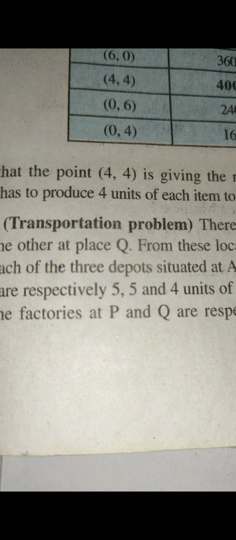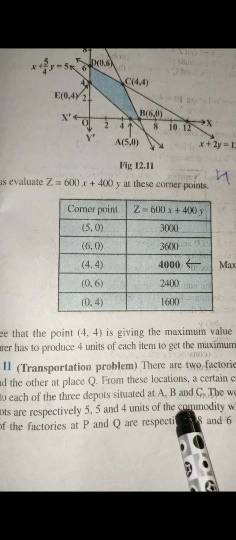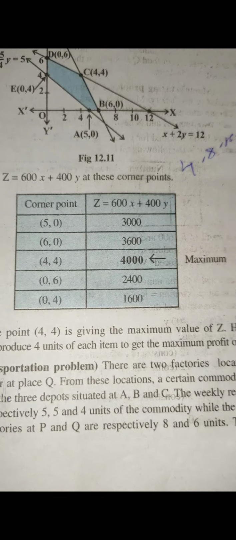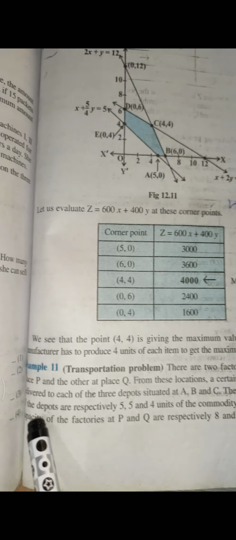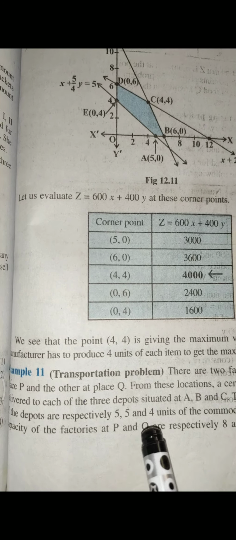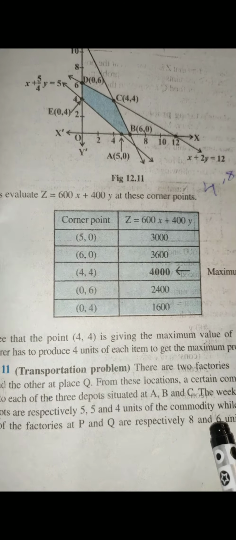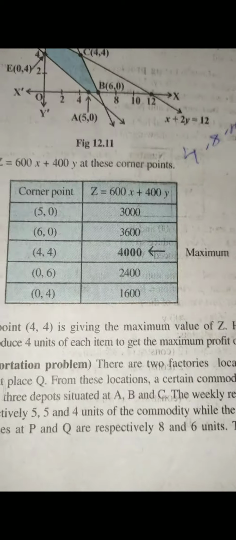There are two factories located, one at place P and the other at place Q. From these locations, a certain commodity is to be delivered to each one of three depots situated at A, B and C. The weekly requirements of the depots are respectively 5, 5 and 4 units of the commodity, while the production capacity of the factories P and Q is respectively 8 and 6 units. We have to find the minimum cost of transportation.